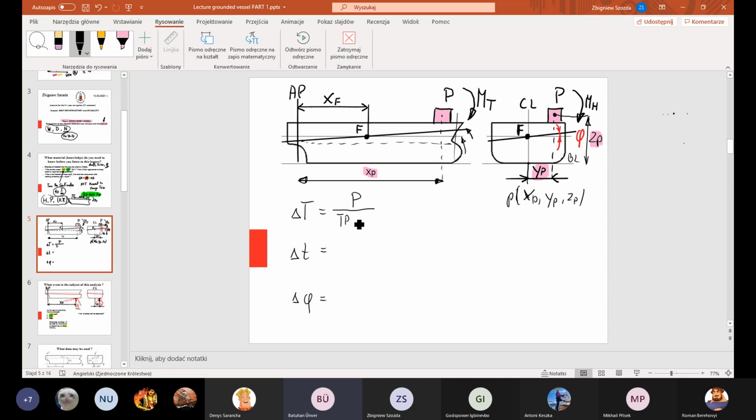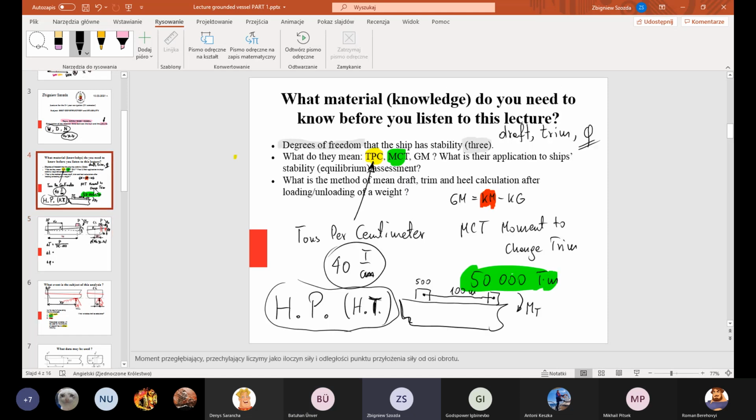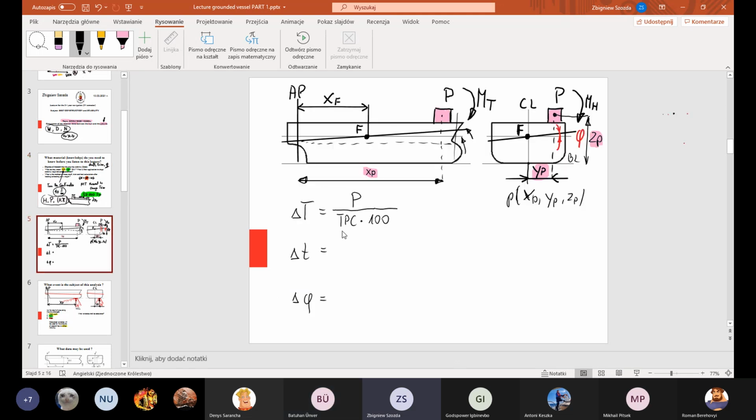Can I think for 1 second? Yes, exactly. There is nothing to check. If you really understand the idea of TPC, what does it mean? If you know the definition, this formula shall be obvious. Yes. P divided by TPC.